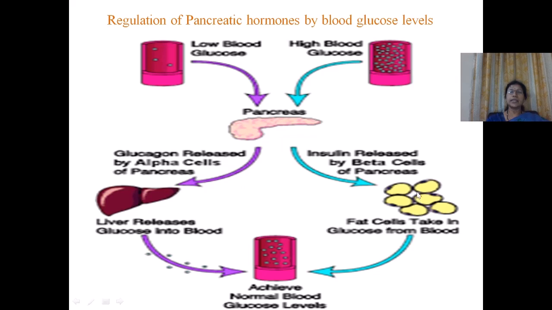Fat cells take the excess glucose and store it, and then the glucose level will become normal. In order to achieve the normal blood glucose level, adipocytes store the glucose. Thus, the blood glucose level will control the secretion of glucagon and insulin.